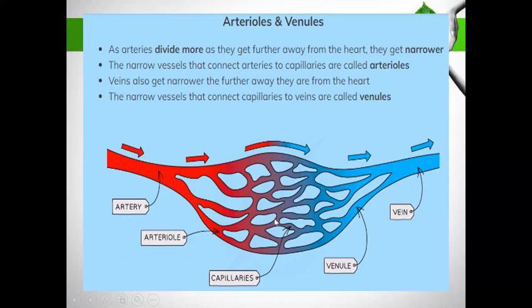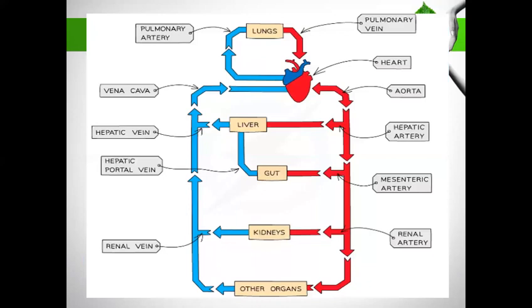Then when there is an exchange of gases between the tissues and the capillaries, CO2 is given, which enters into the venules, from the capillary to the venule and then the veins. And all these veins are connected to the vena cava, which transports deoxygenated blood to the right atrium.